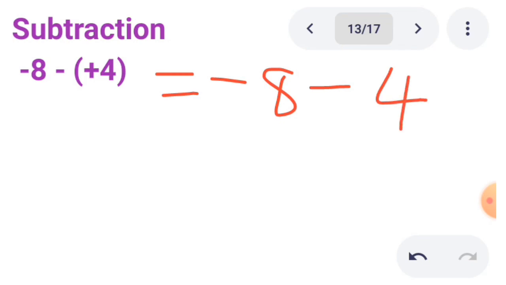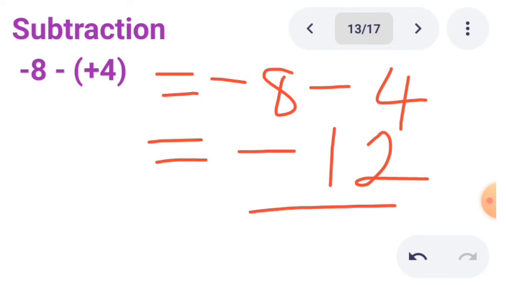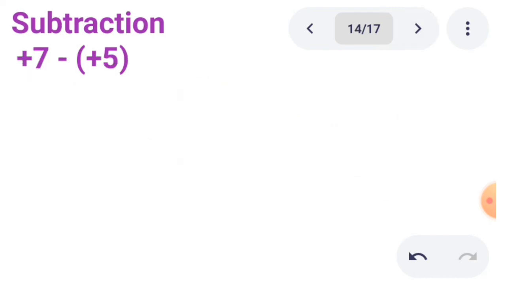And because we have a minus 8 and minus 4, minus 8 plus minus 4 is going to give us a minus 12. So in simple terms, because we are subtracting a positive number from a negative number, we simply add the positive number to the negative number and give the answer a negative sign.